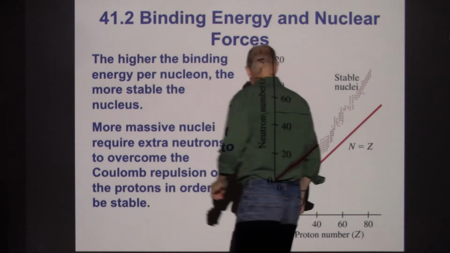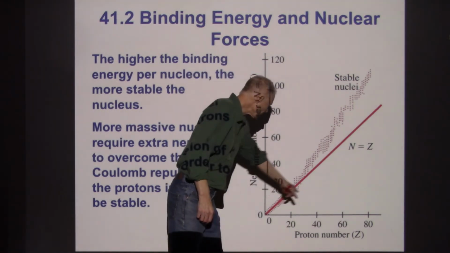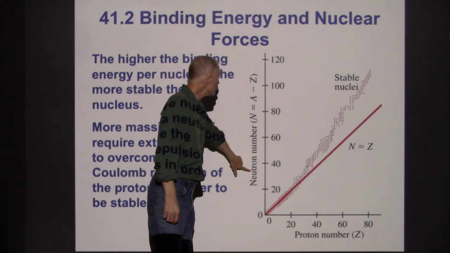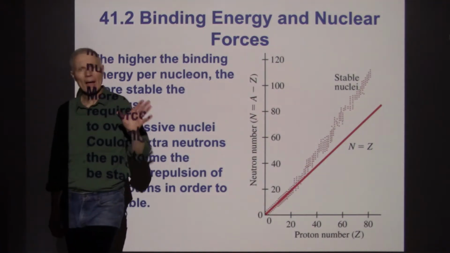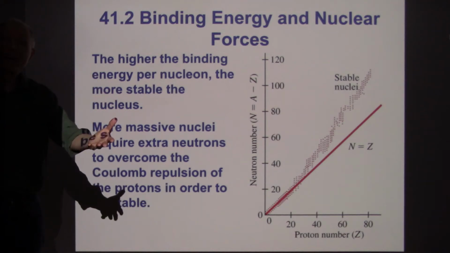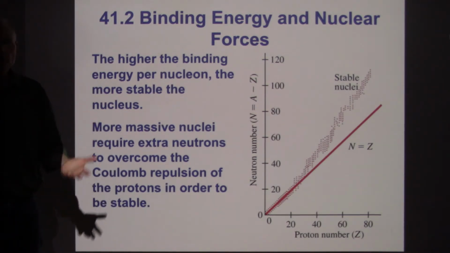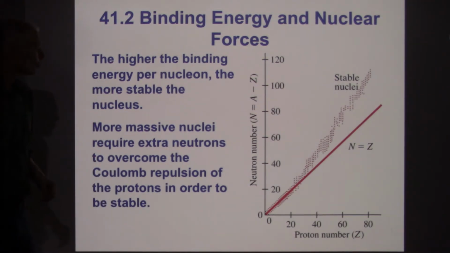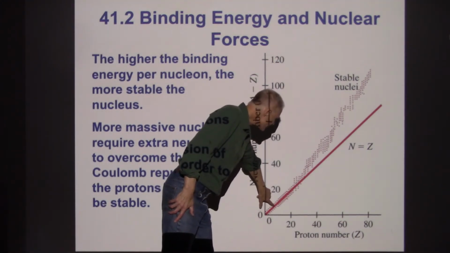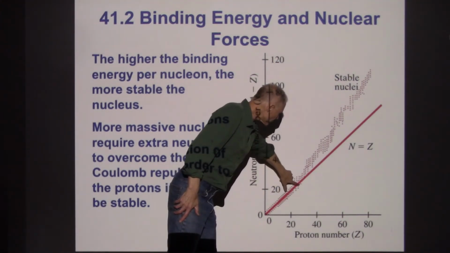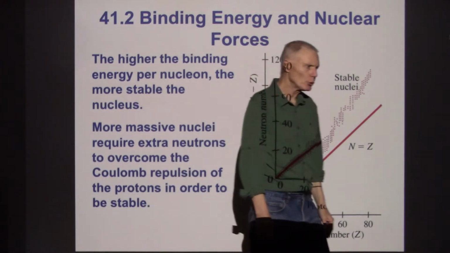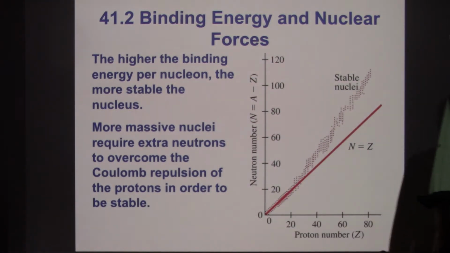The horizontal axis was protons, the vertical axis is neutron number. So how many neutrons typically get attached to a nucleus in order to make it stable? And it turns out that, at least initially, very similar numbers of protons and neutrons are needed to make the nucleus stable.